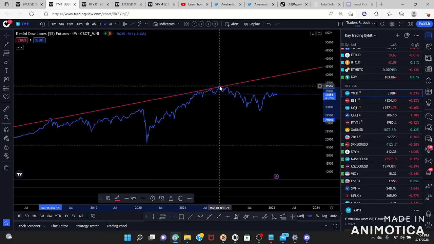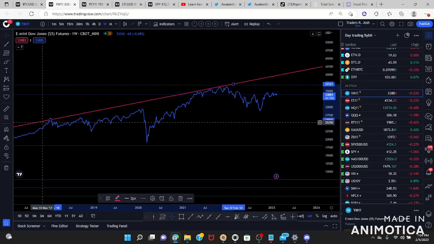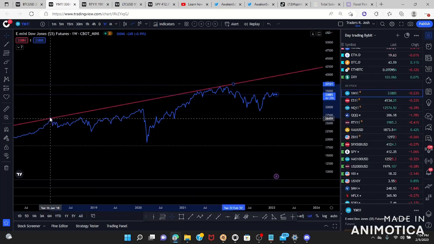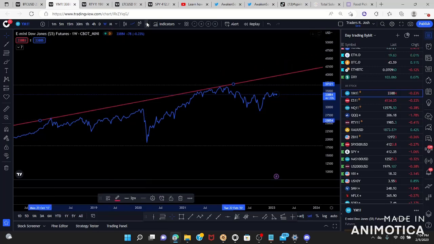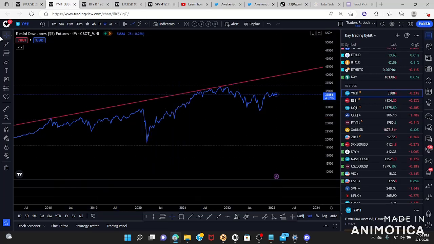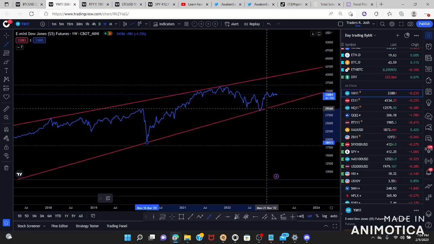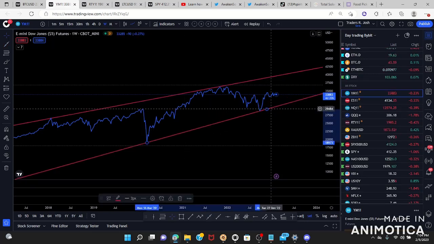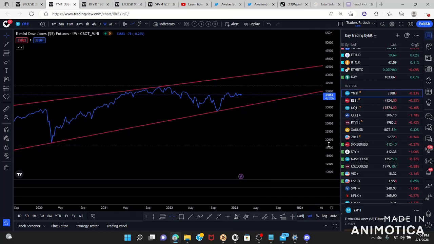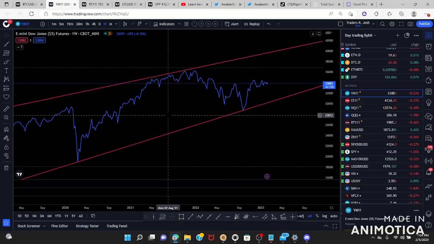When you see red, it's like, okay, let's sell. You see green, it's like, oh my god, let's buy. But when you have just a basic line, you just go with the flow. And that's actually how I started, just going with the flow.